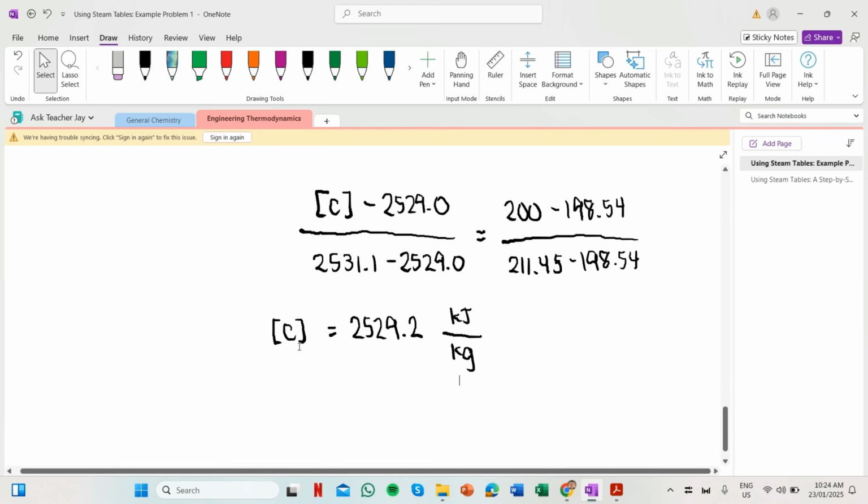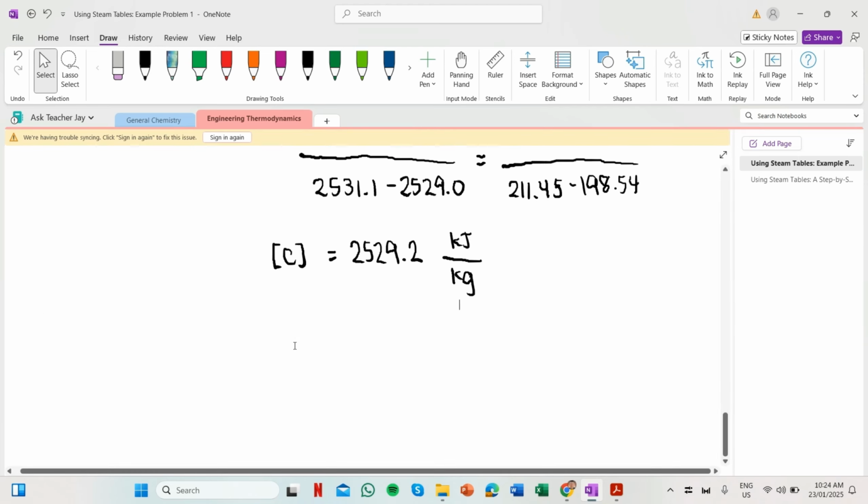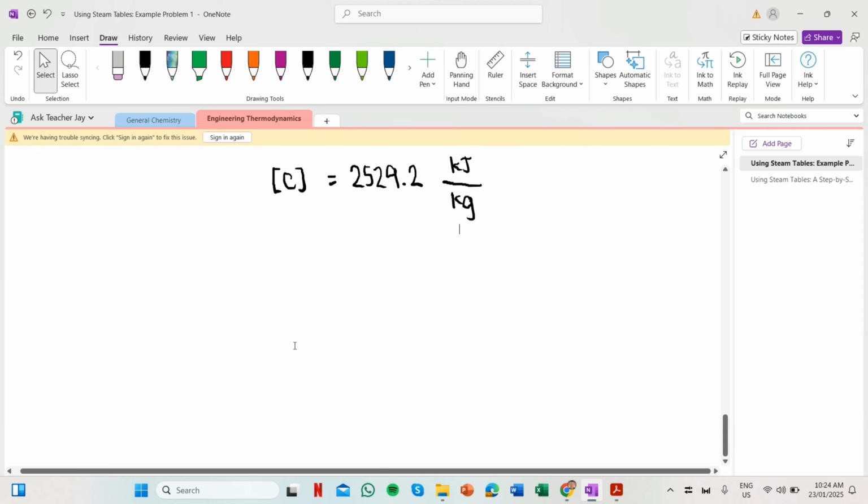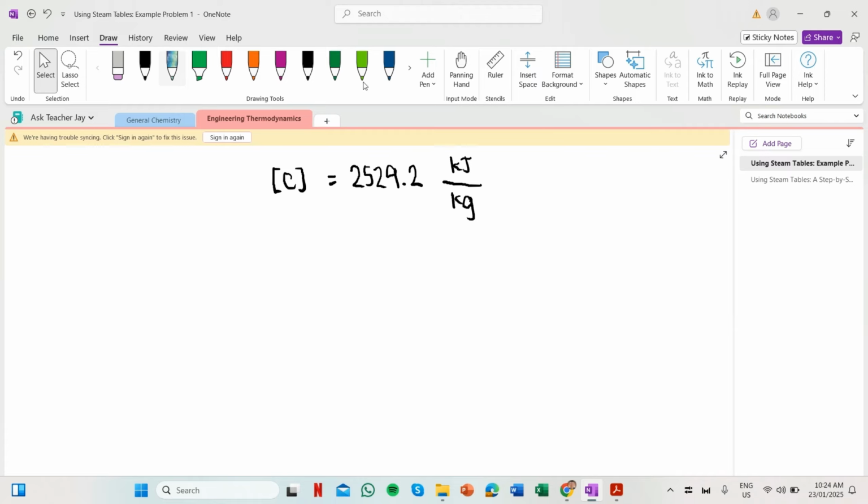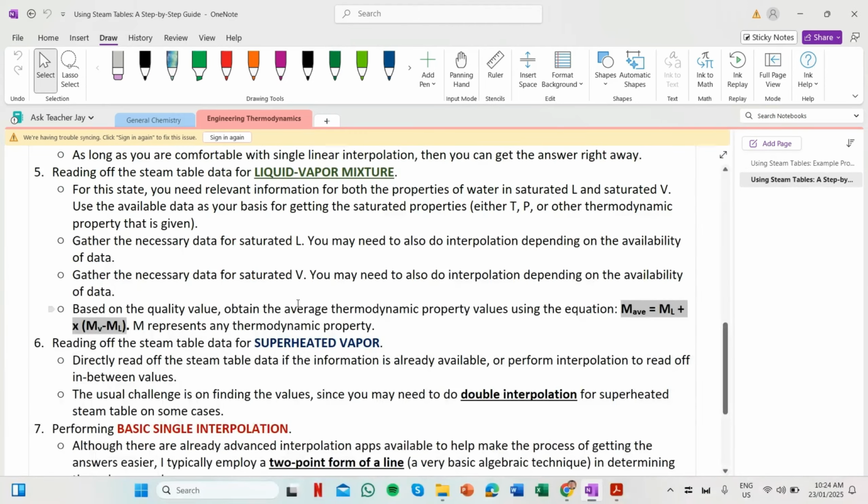But this item is a liquid vapor mixture based on our analysis earlier. So, as dictated by our step by step guide, based on the quality value, we obtain the average thermodynamic property values using the equation M average is equal to ML plus X multiplied by the difference MV minus ML, where M represents any thermodynamic property.